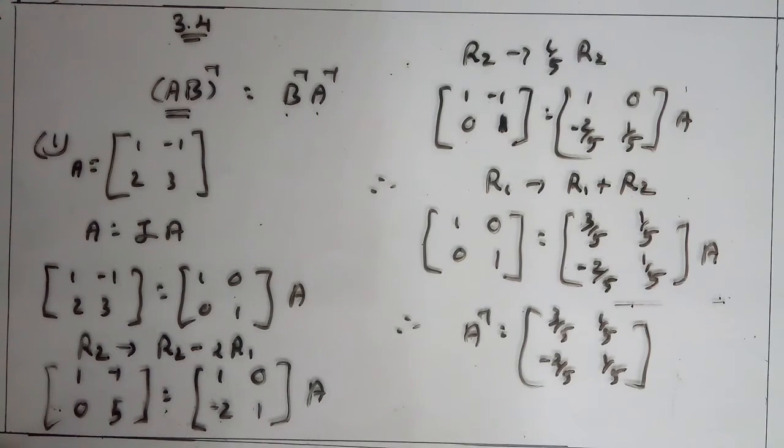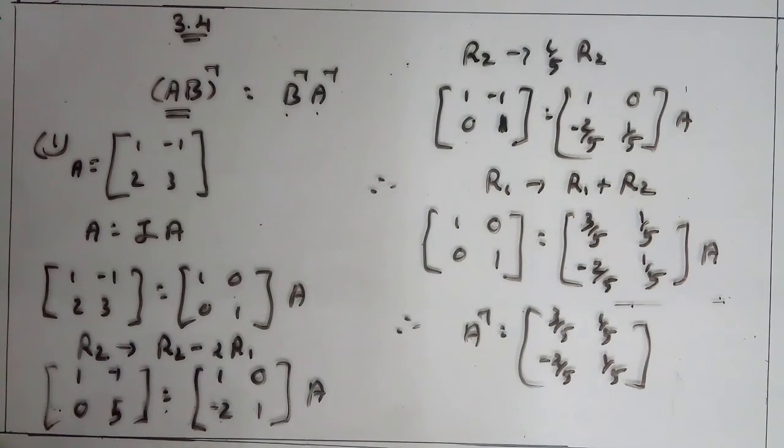Now question number 18: matrices A and B will be inverse of each other only if... The options given are: AB is equal to BA; AB is equal to BA equal to 0; AB equal to 0, BA equal to I, identity matrix; AB is equal to BA is equal to I, identity matrix.